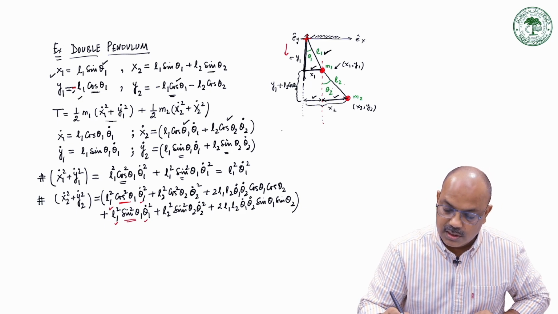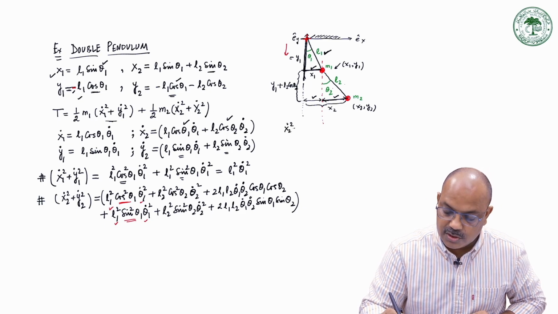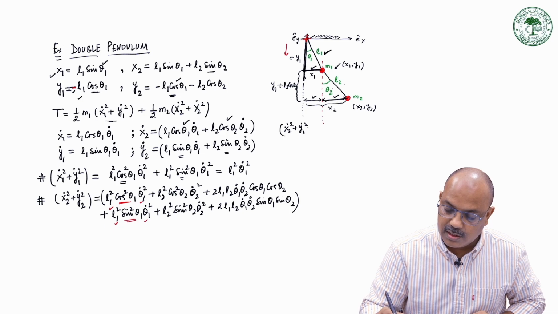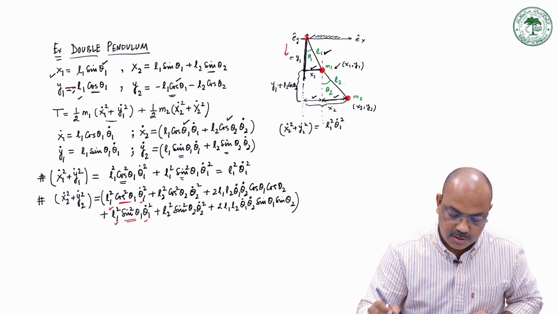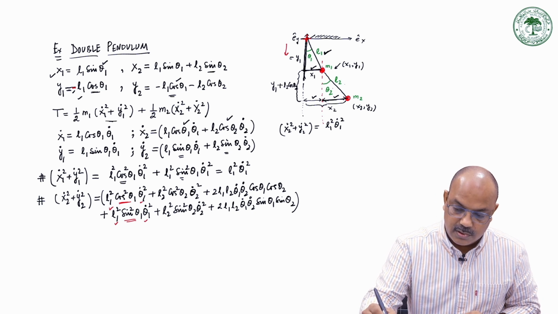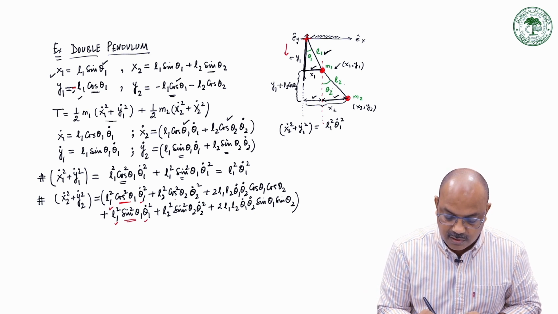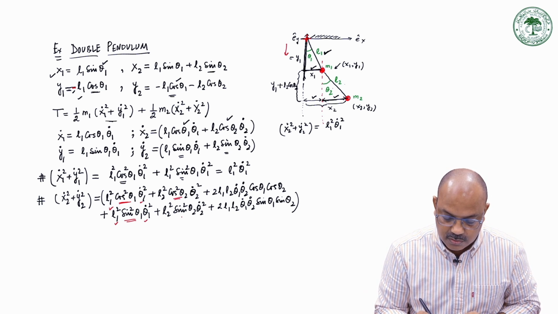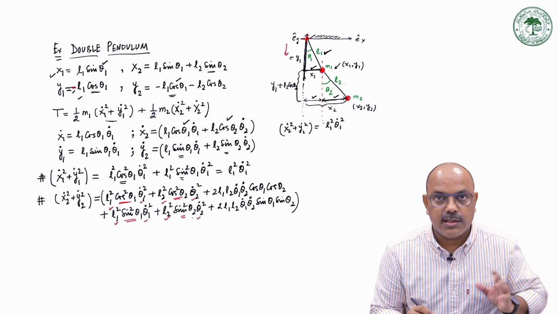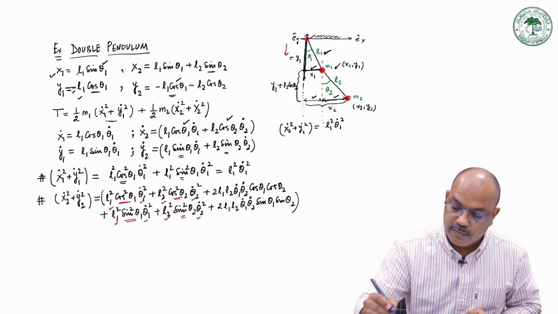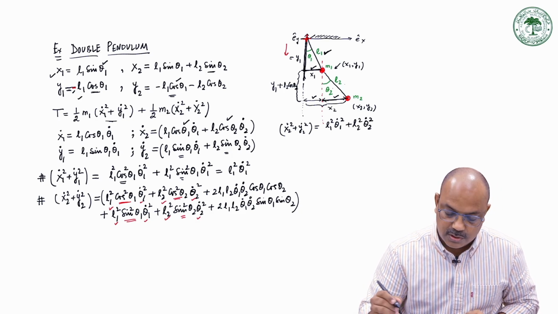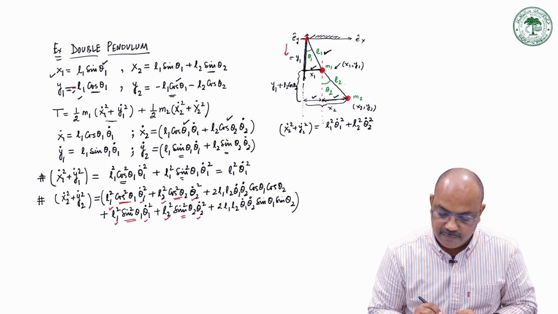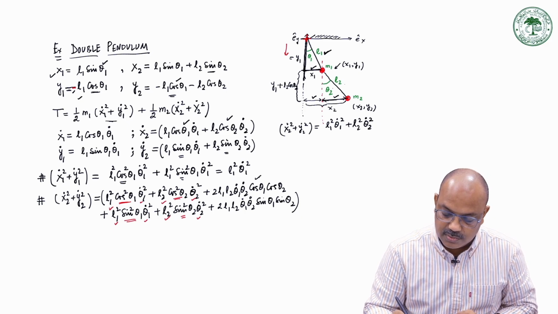So x2 dot square plus y2 dot square is going to give you L1 square theta 1 dot square, and similarly you have cos square theta 2 plus sine square theta 2 with the same L2 square theta 2 dot square, so this is going to give you plus L2 square theta 2 dot square. So we already have 4 terms, and then I can write these 2 terms.